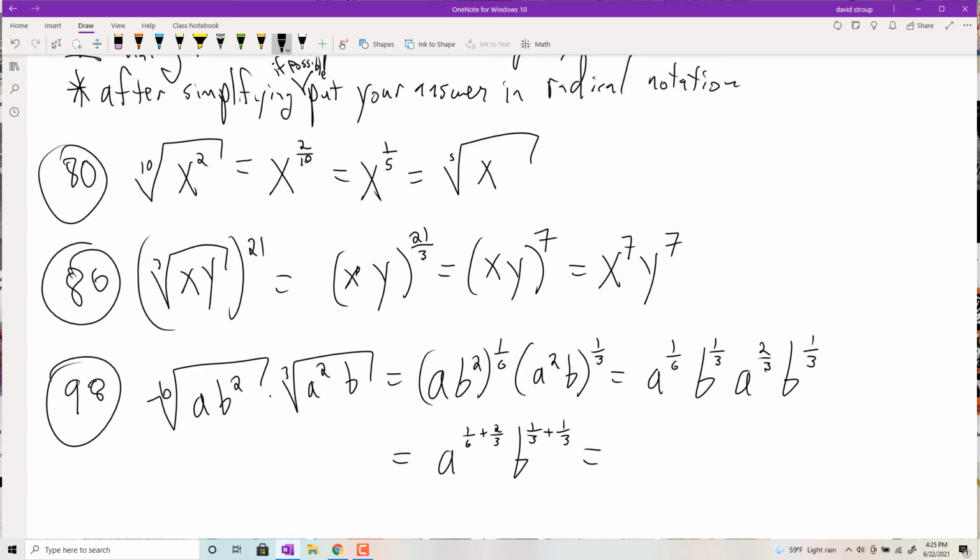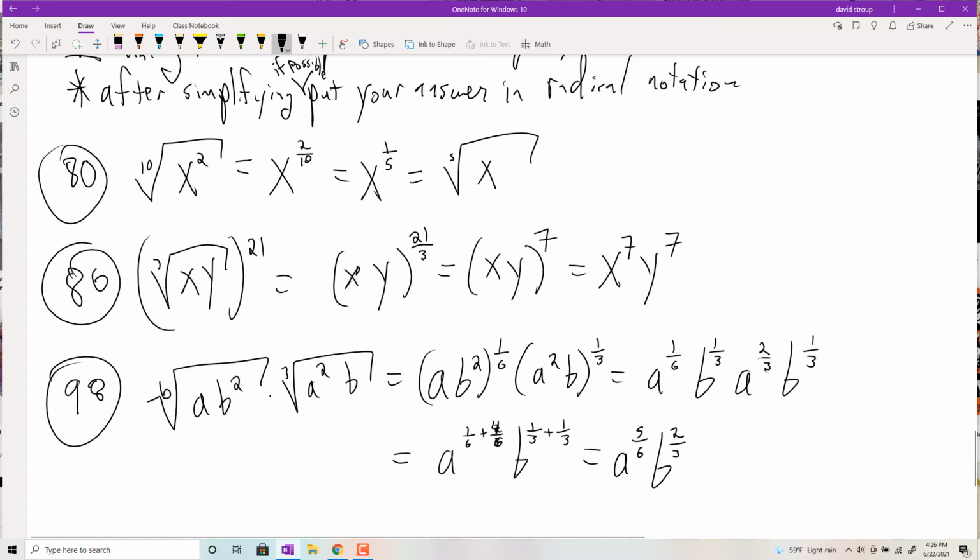Finding a common denominator in the 1/6 and the 2/3, I need 1/6 plus 4/6, which gives me a to the 5/6, and then I have b to the 2/3. Rewriting this with one radical is a little bit challenging, but we can do it if I cheat a little bit by finding a common denominator between these two fractions.